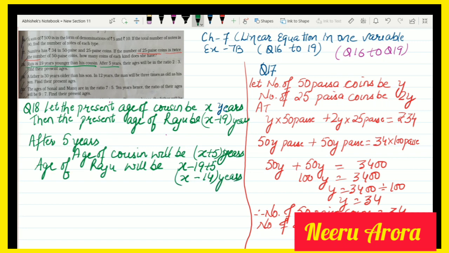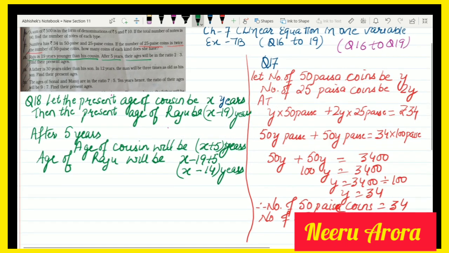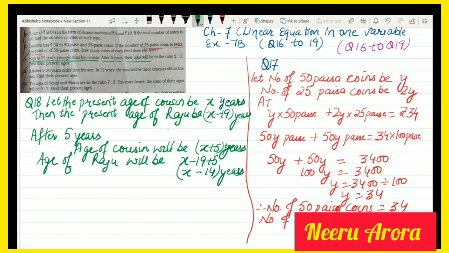Now read the next condition, that after 5 years what will happen? After 5 years their ages will be in the ratio 2:3. The condition is their ages will be in the ratio 2:3.